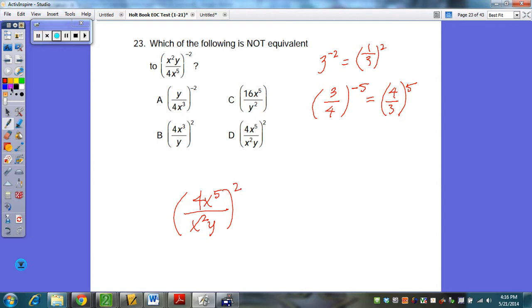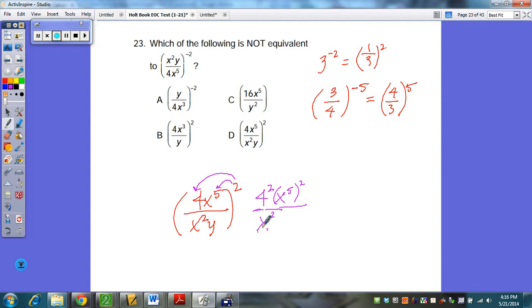Now again, remember with exponents, I have 4 squared, and the exponent of 2 goes to x to the 5th. X to the 5th raised to the 2nd power, all over. This 2 goes to this as well.